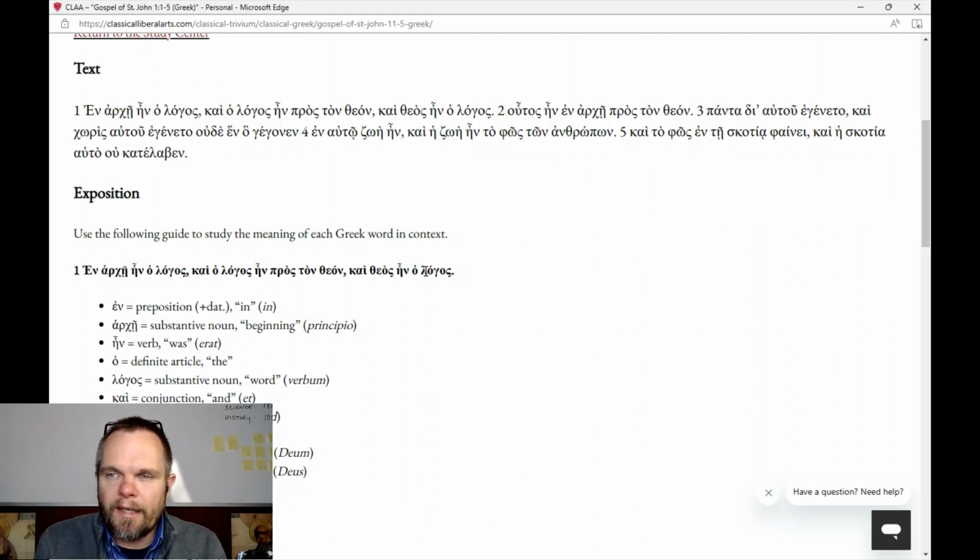So verse 1, en arche ein ho logos, kai ho logos ein pros ton theon, kai theos ein ho logos. In the beginning was the Word, and the Word was with God, and God was the Word, or the Word was God. So that's verse 1.